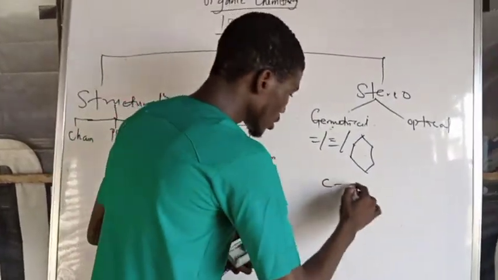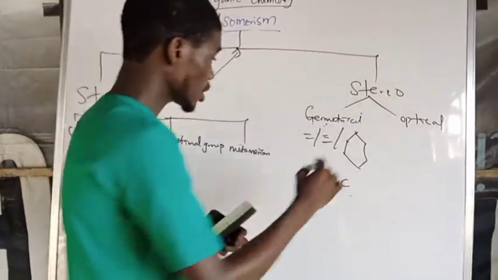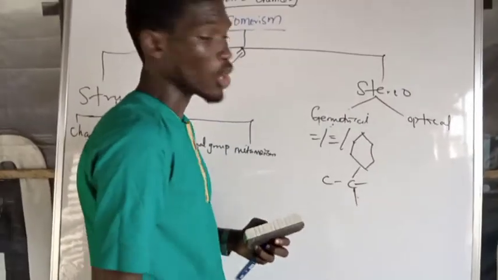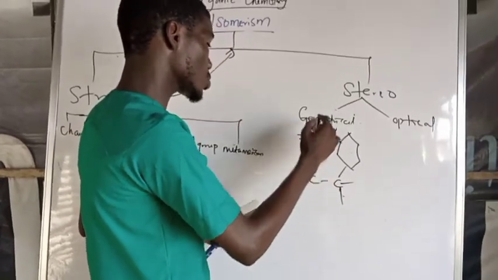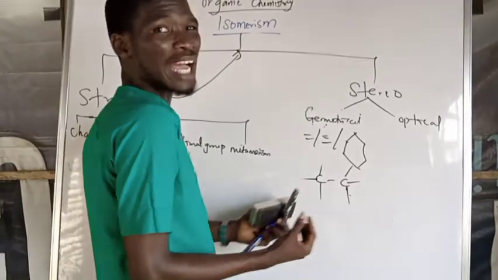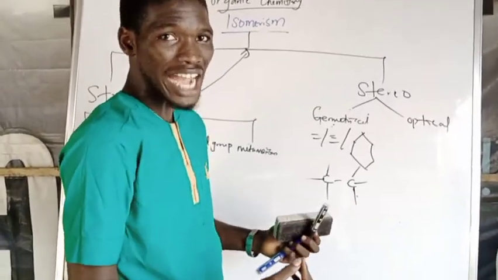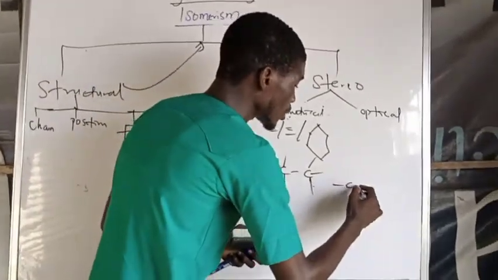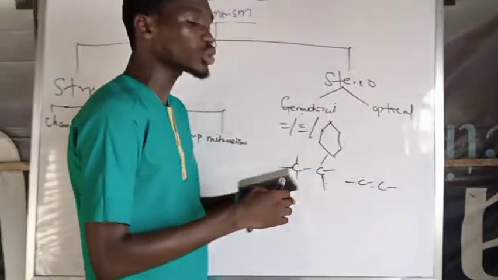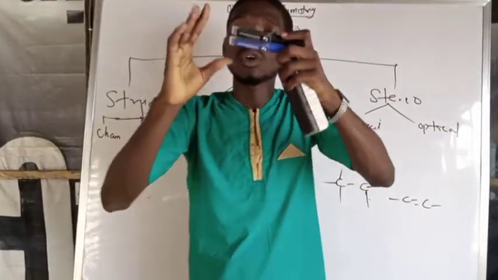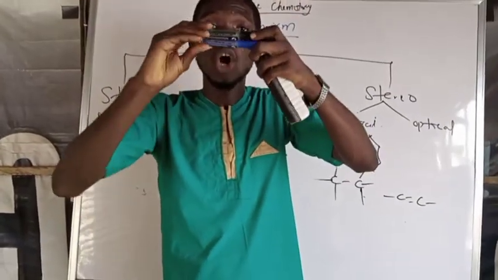For example, with single-bonded carbon atoms, I can have one atom here, one here, one here, and also on the second one, 1, 2, and 3. Why? Because there is free rotation. And if we have a double bond attached to the carbon atoms, like this 2-ene, with one carbon here and another one here, there won't be free rotation.